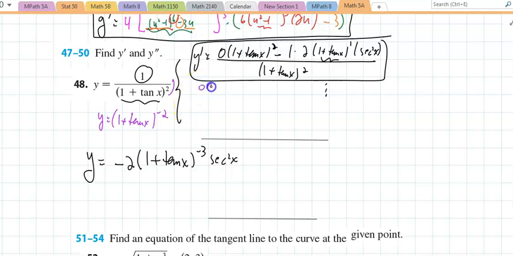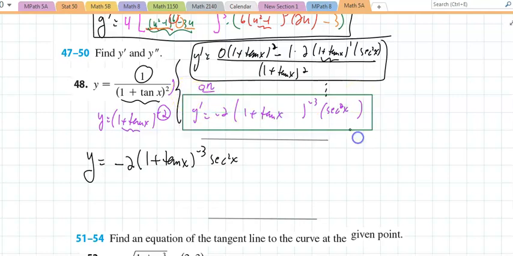And when I take a derivative, wouldn't you say bring the power down? Subtract 1 from the power. Times the derivative of the inside. There it is. So either or, it makes no difference.